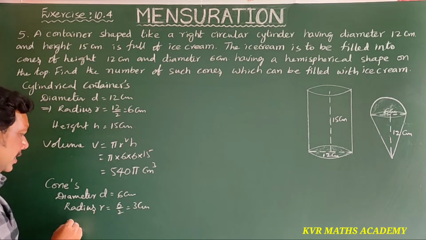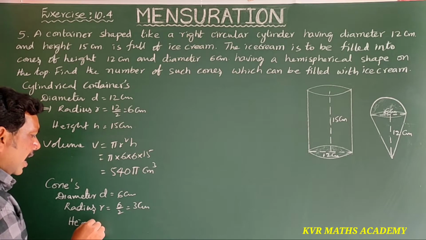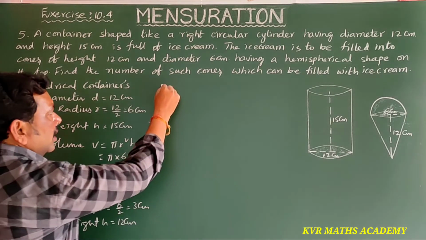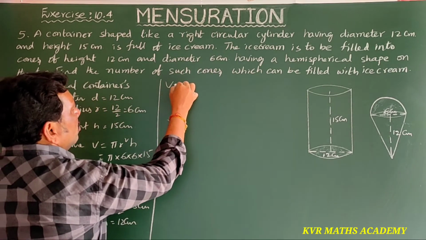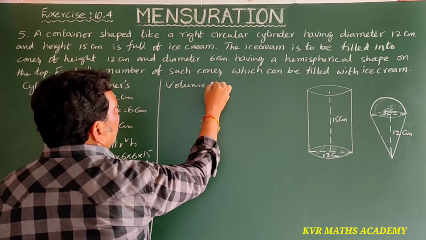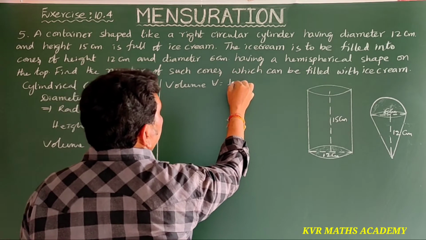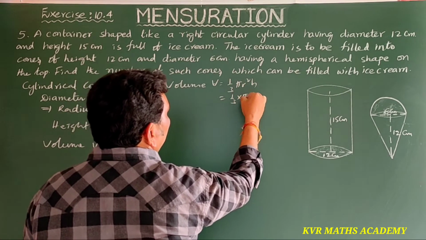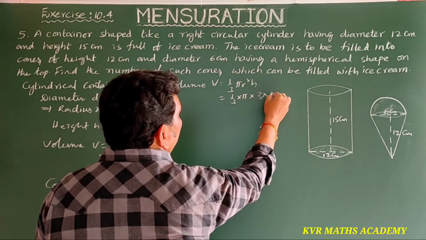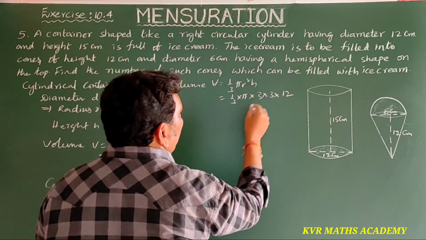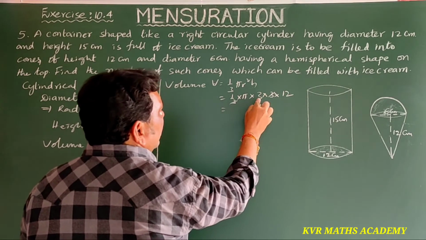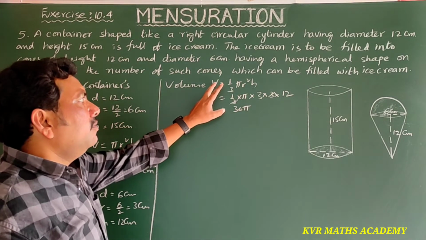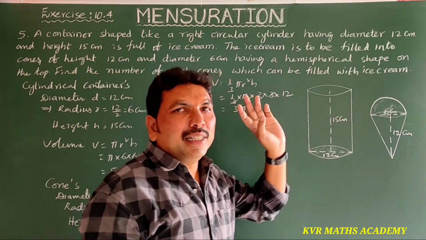Its height H is 12 centimeters, as given. Now, volume V is equal to 1 by 3 pi R square H, that is 1 by 3 into pi into 3 into 3 into 12. 3 gets cancelled. 3 12s are 36 pi. Volume of cone is equal to 36 pi.